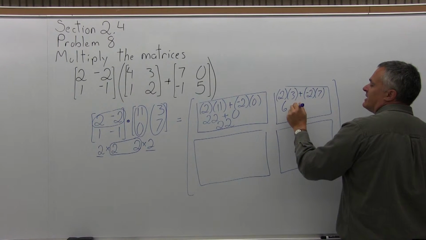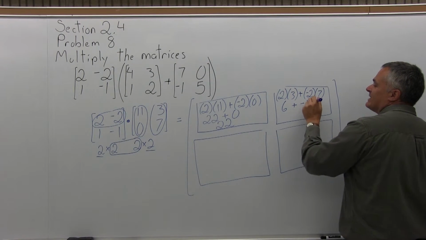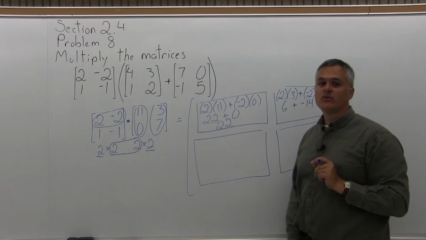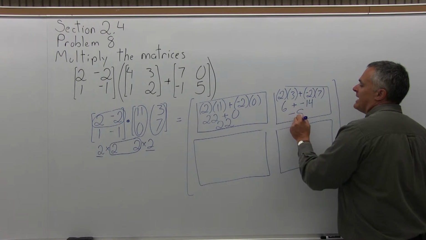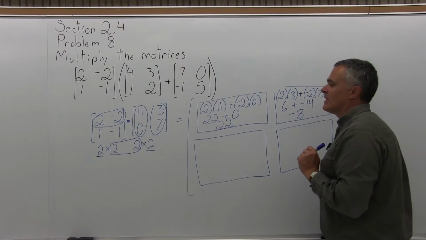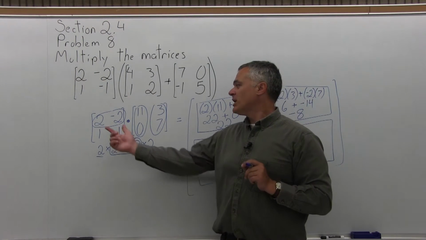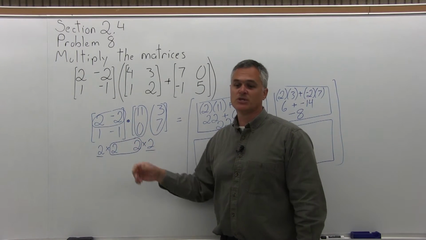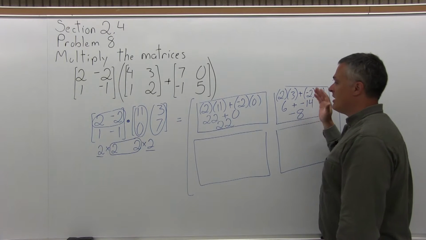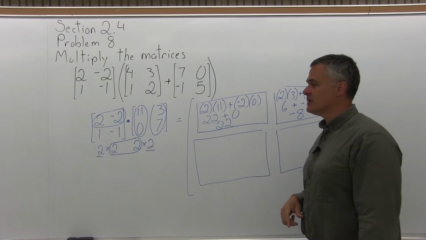Negative 2 times 7 is negative 14. So 6 plus a negative 14, or just simply 6 minus 14, is negative 8. And again, I got that answer by multiplying the top row of the first matrix times the second column of the second matrix, and I put the result I got in the top row and second column of the solution.